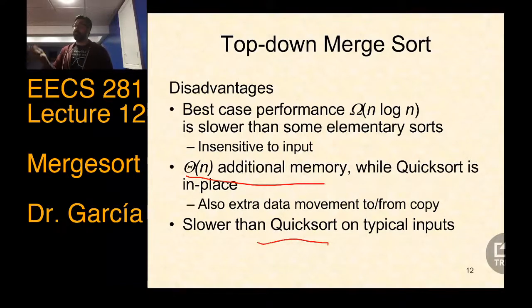If you recall, when we were doing partitioning and swaps, we would need to be able to swap things in the middle of the array. That's fairly easy when it's an array and everything's in memory. But if you're looking at terabytes of data on disk, that's not the case. You don't have random access. And so if you represent that data using linked lists, then you'd have to fall back on merge sort.